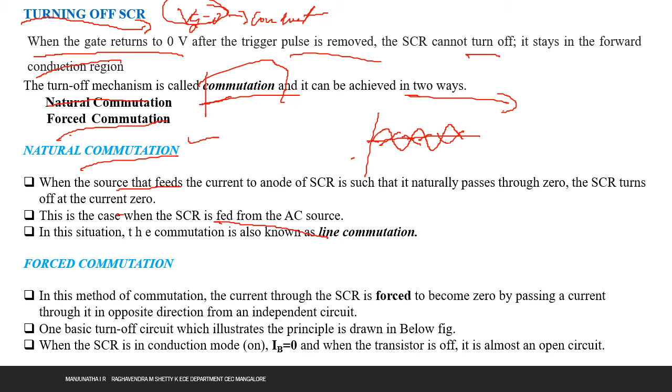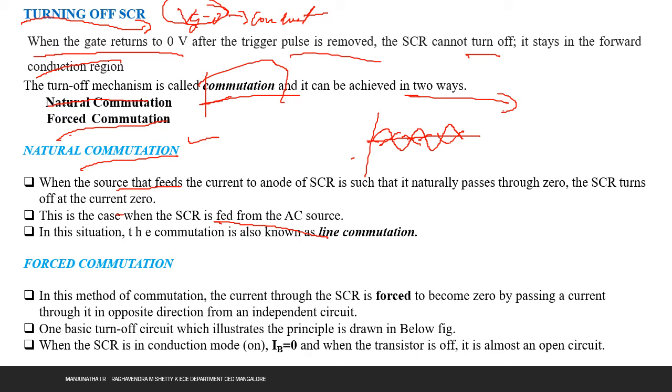And we know that when we give zero voltage to the gate, obviously it makes the SCR turn off. When the voltage at the gate is greater than the threshold voltage, it makes the SCR fall into turn on condition, or conduction mode.